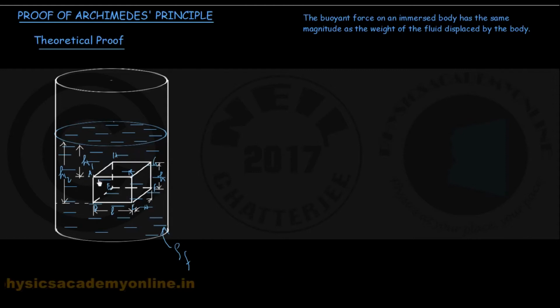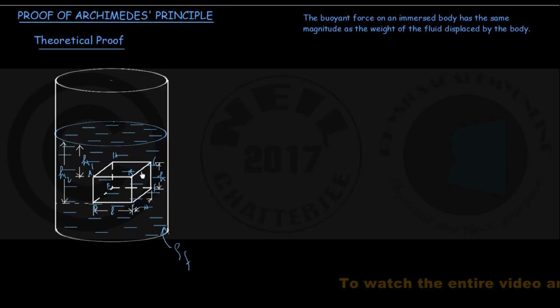is the right side vertical face BGFC, left side vertical face AHED. So I repeat once again, there are 4 vertical faces, they are the front and the back side vertical faces, and then the left and right vertical faces, and in all of them pressure increases gradually from the lowest value here to the maximum value here.